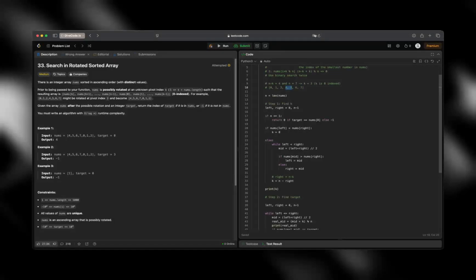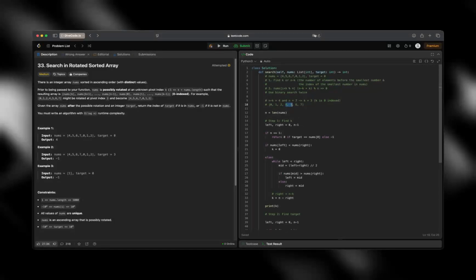we don't care about the 4, right? I mean, sorry, we should maybe consider this error here. We should not care about the 7. We should move to the right. So we can say left is mid plus 1, right?